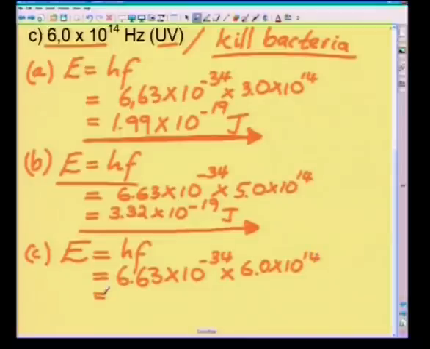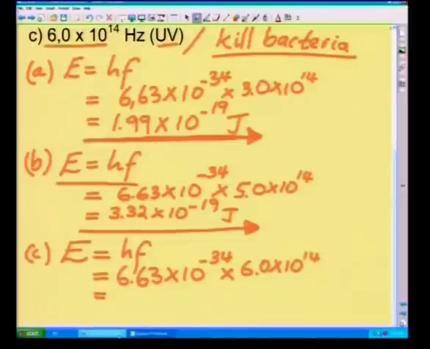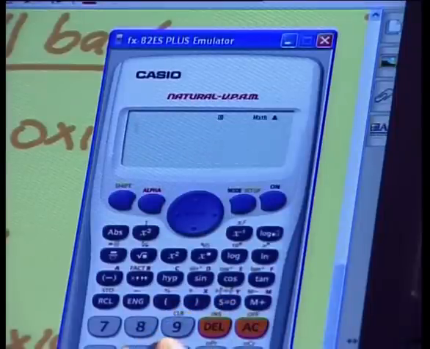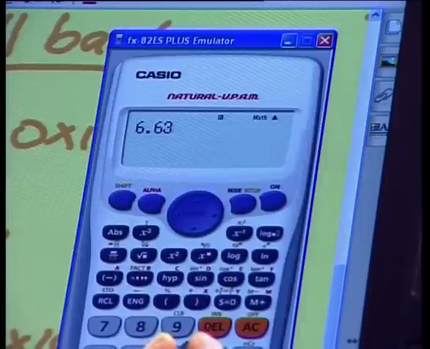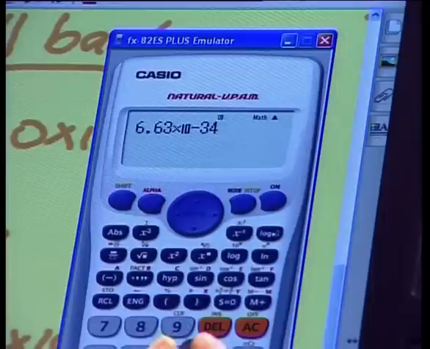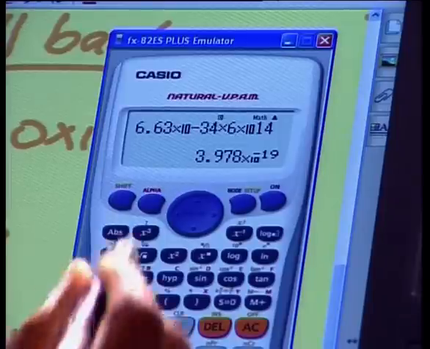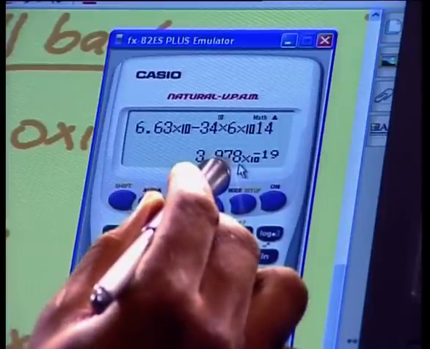What is the answer? We need our calculator quickly. Let's work it out. We have Planck's constant, 6.63 by 10 to the power minus 34, times 6 by 10 to the power 14. The answer is 3.978.